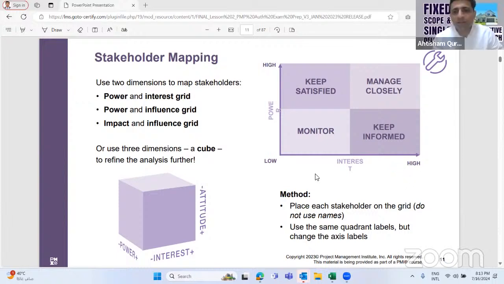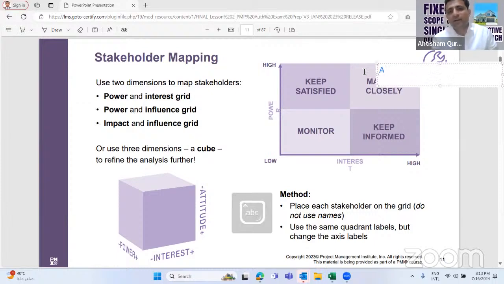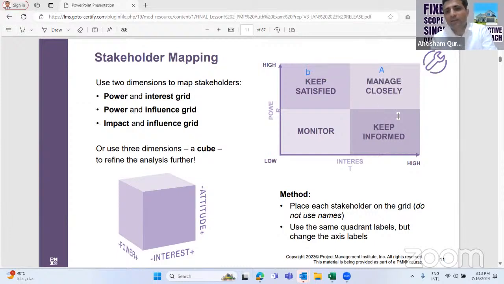So all I'm making is the point that it's a 2D diagram. It tells you that you can map your stakeholder either here or here or here. If you map a person A over here, a person B over here, a person C over here and person D over here, it means that person A has got high interest in your project and is highly powerful.